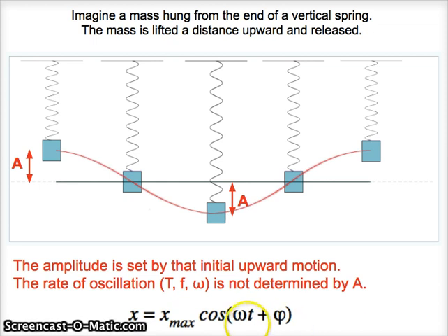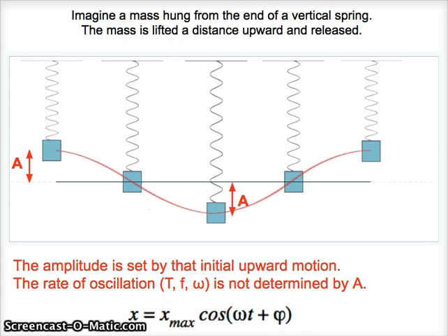Now, the omega you can't quite see within the motion, but if we were to time how long it takes to go from this point to this point, to go up and then come back down again, that would be capital T. That's the period. Or if we were to watch this for a certain amount of time and divide the number of oscillations by the time, that would give us the regular frequency f.